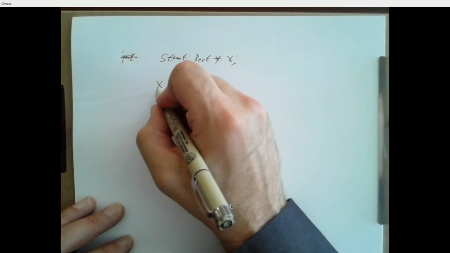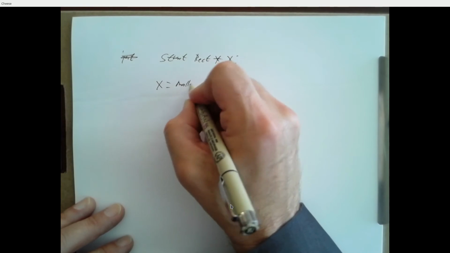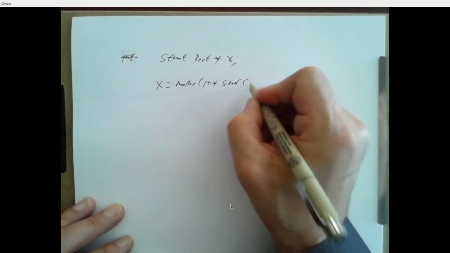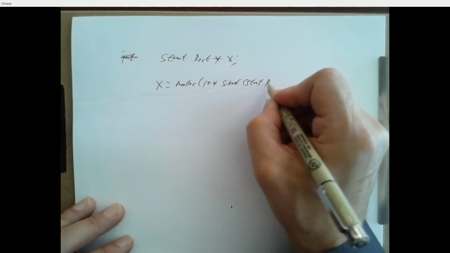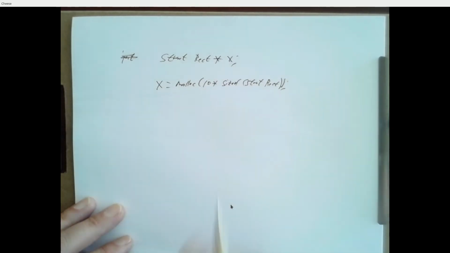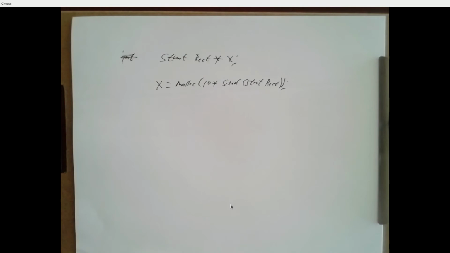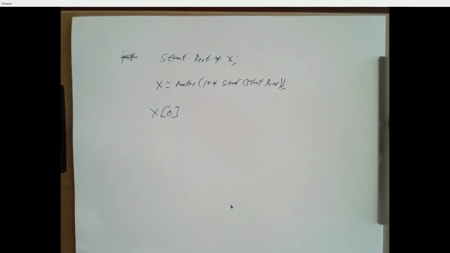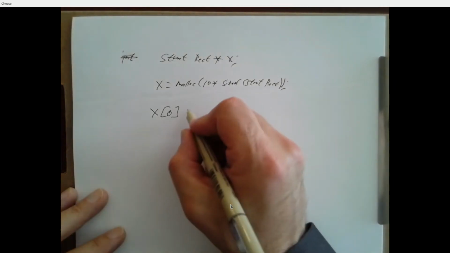And then we could say X equals malloc 10 times size of struct rectangle. So now X is a space that's big enough to hold 10 rectangles, right? But if I were to ask for X bracket 0, it's not a rectangle. All I've done is set aside storage area for 10 rectangles. So I would still need to do this.